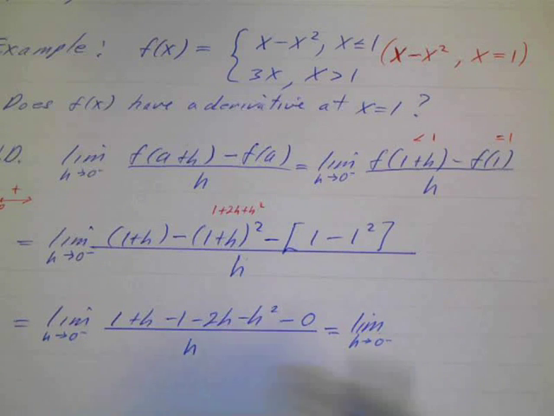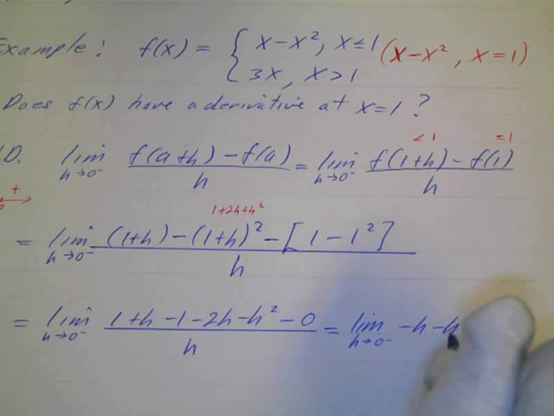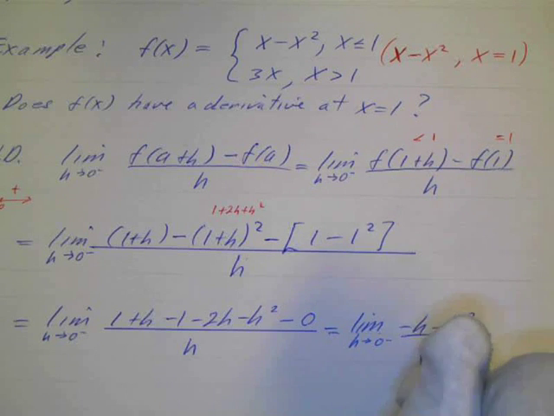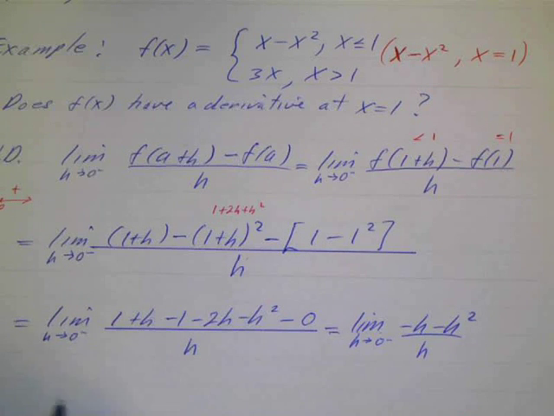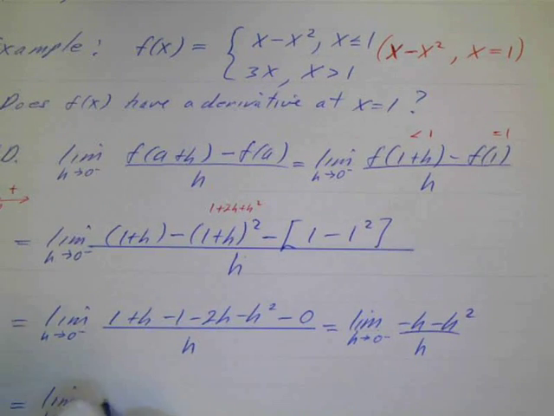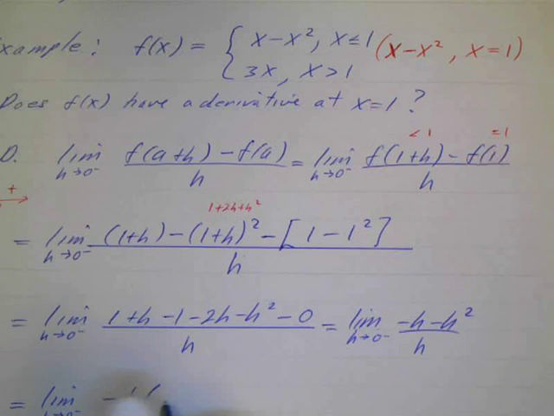So I've got negative h and negative h squared, all over h. Now if I take that limit, I still have 0 over 0, but I can simplify that. So that's going to equal the limit of negative, I'll just factor out a negative h times 1 plus h, I took out a negative, all over h.